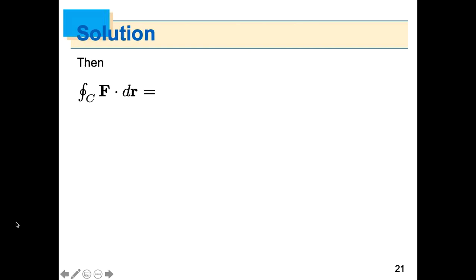So now we go ahead and plug this into the line integral, applying Stokes' theorem. And we end up getting that negative 1 over rad 2 is that curl dotted with the unit normal.